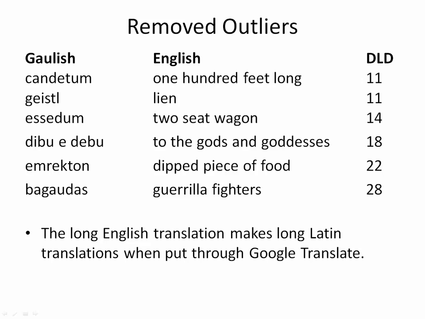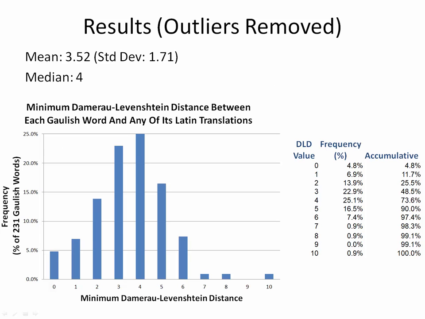The phrase that will be translated in Google Translate will be dipped piece of food. This is likely to result in a Latin translation which is also very long, and when embrekton is compared to this long Latin translation, it will have a very large Damerau-Levenshtein distance. When these outliers are removed, we see the results that are presented on the screen now.